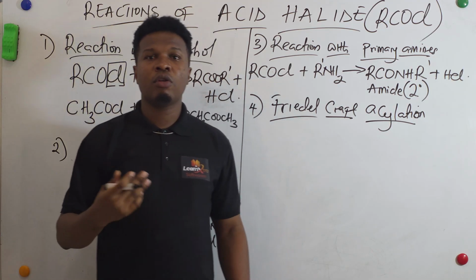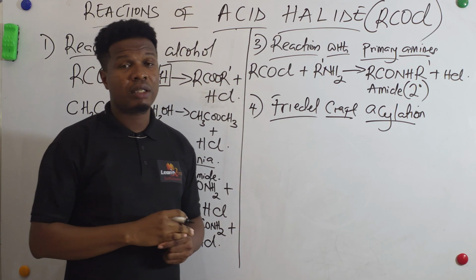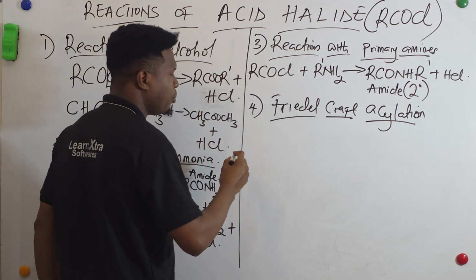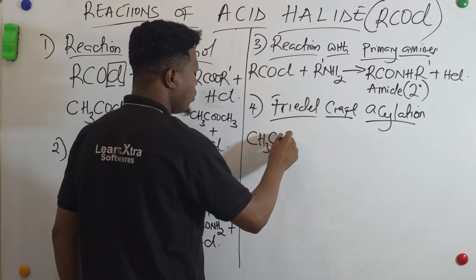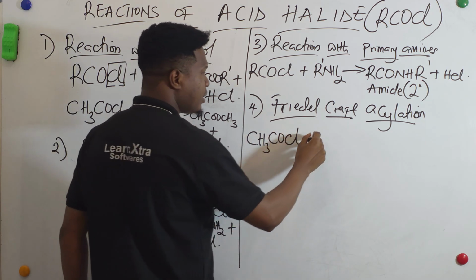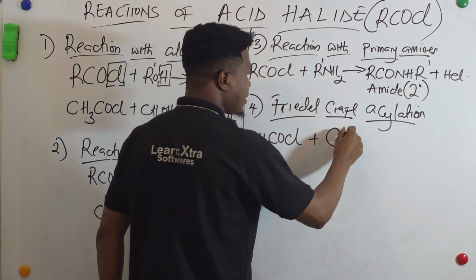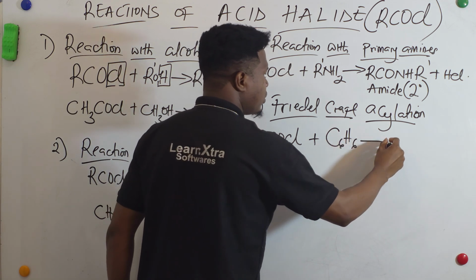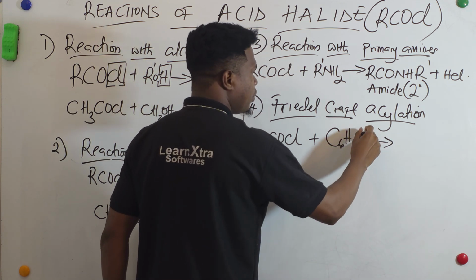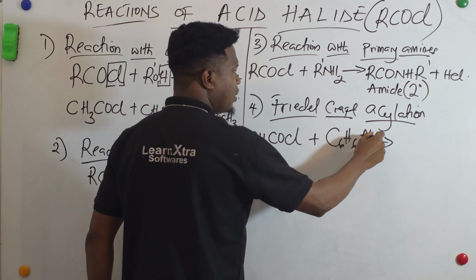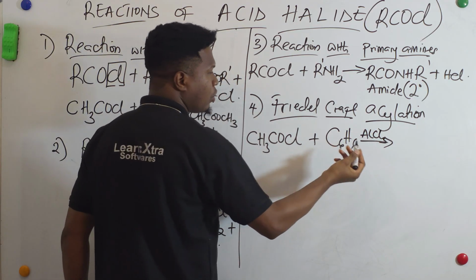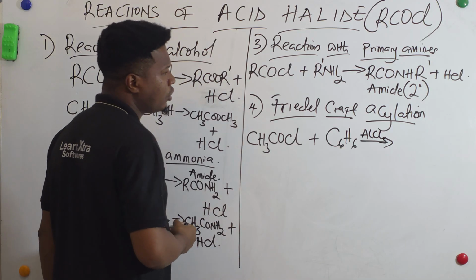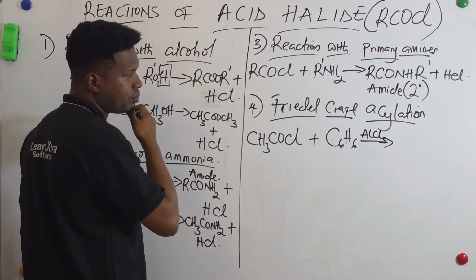You can use aluminum chloride or aluminum bromide depending on the reaction. So for example, if you have CH3COCl reacting with benzene, C6H6, this reaction is catalyzed using the corresponding Lewis acid, which is aluminum chloride, or you can also use iron 3 chloride.